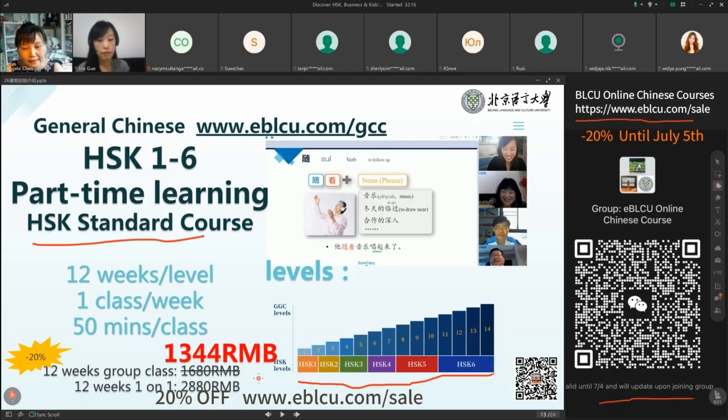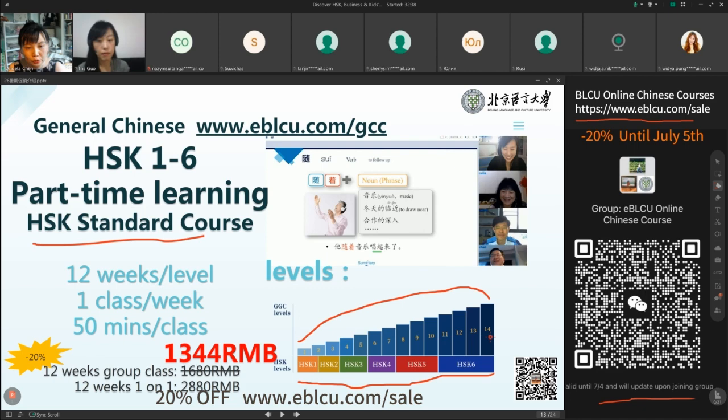But we divided HSK 1 to 6 into 14 levels or stages. So here go the blue boxes from 1 to 14 that represent our General Graded Chinese, or GGC, levels.